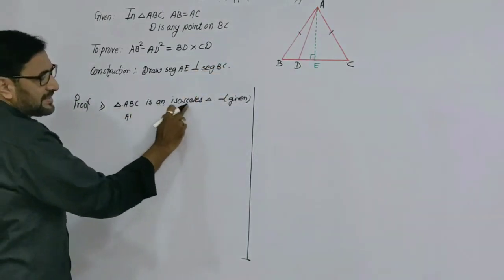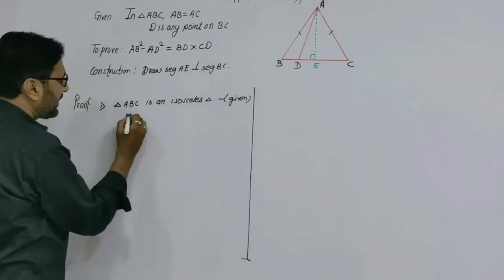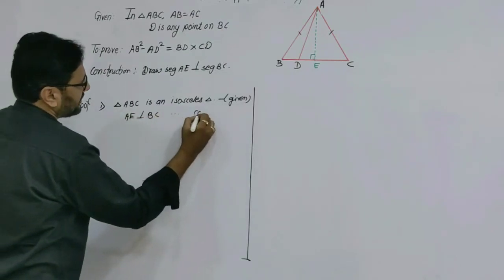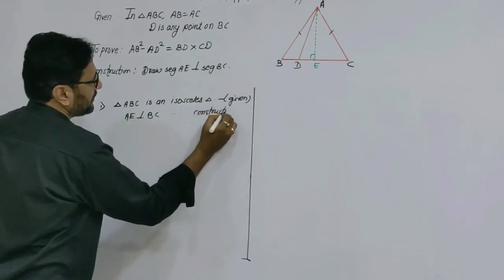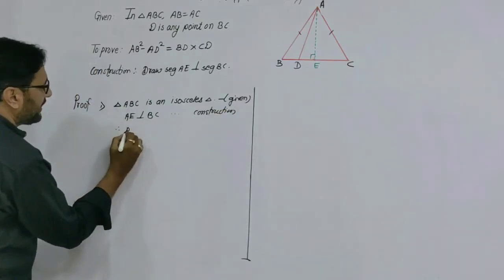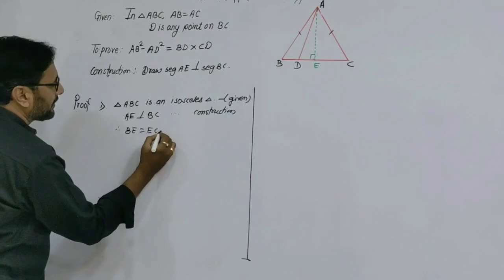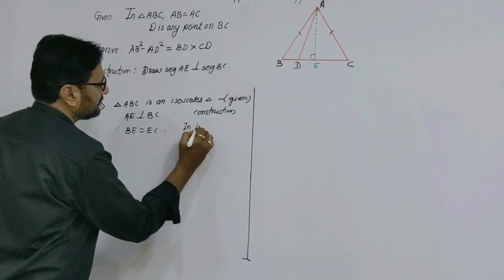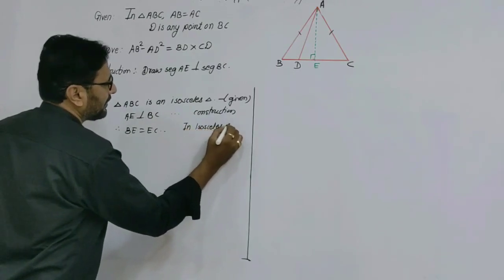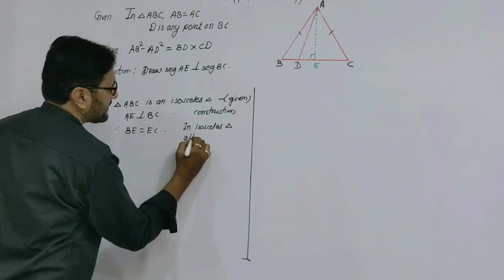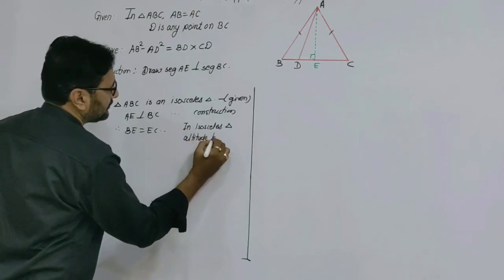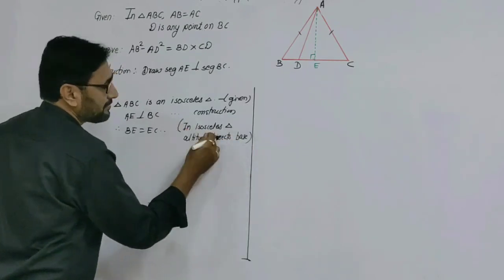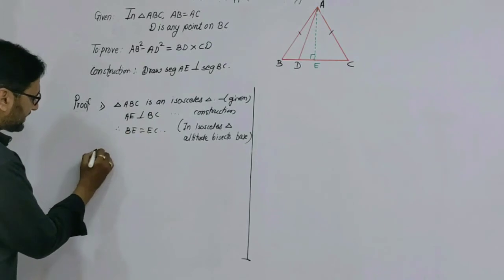So triangle ABC is an isosceles triangle given to us, and AE is perpendicular to BC, construction. So BE is equal to EC because altitude in an isosceles triangle, altitude drawn on the base, bisects the base.